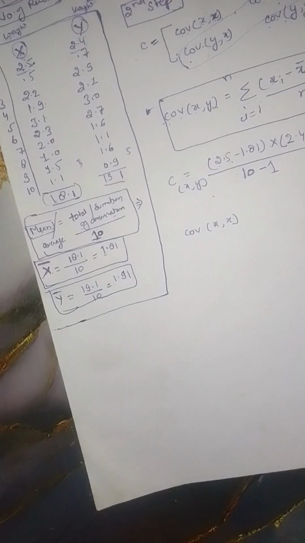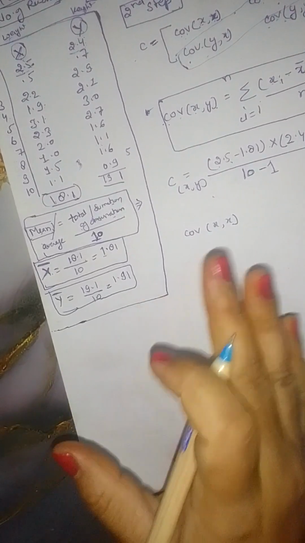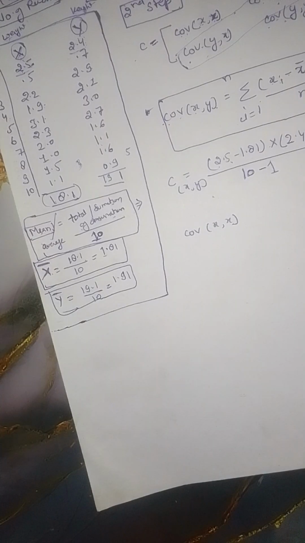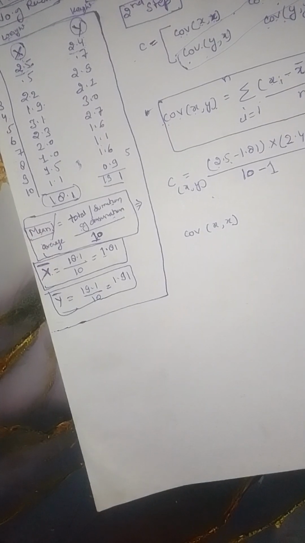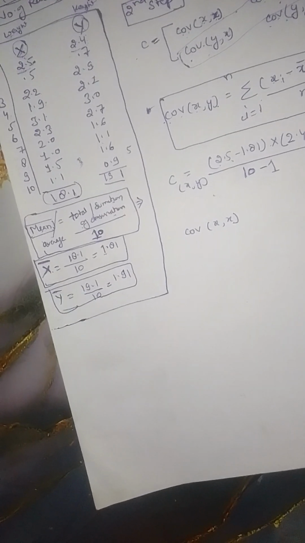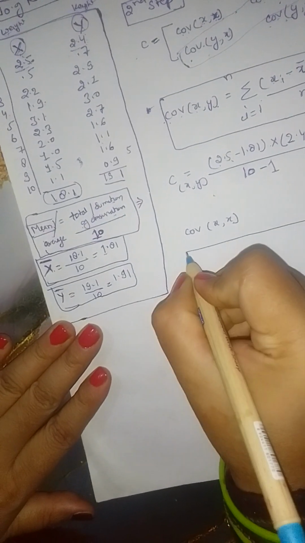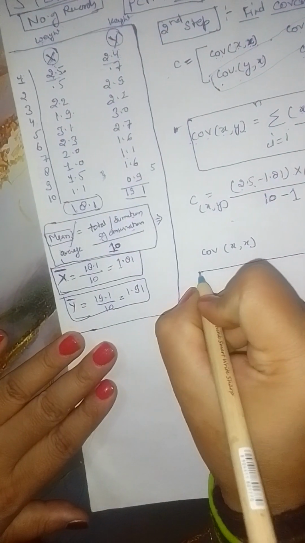I hope you are all understanding what I am teaching. I know this is a bit difficult to understand, but you will understand it easily if you focus on it. What does that mean? So first we'll draw that paragraph. With the help of the number of records data, we will calculate the remaining part.